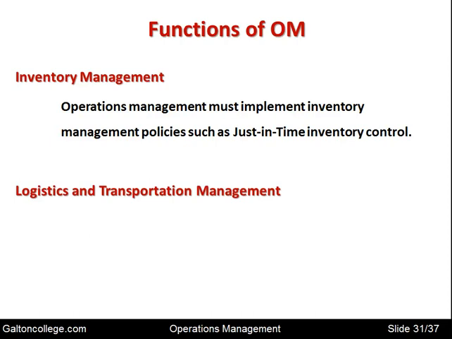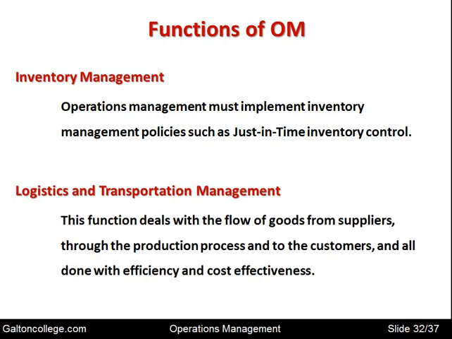There's also a function for logistics and transport management. This deals with the flow of goods from suppliers through the production process to the customers, and all done with efficiency and cost effectiveness. Really, we consider once the goods come off the production line, they go to dispatch.